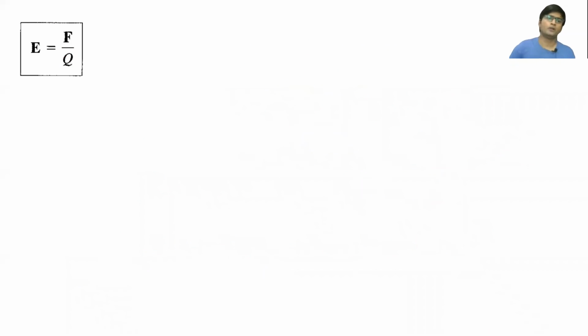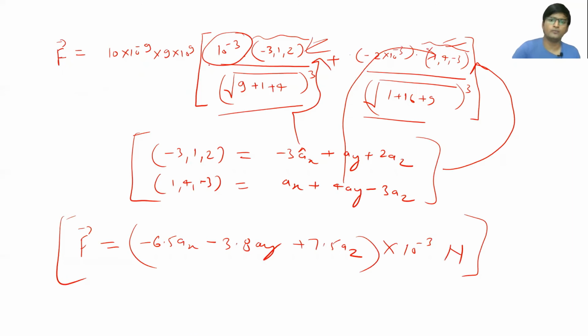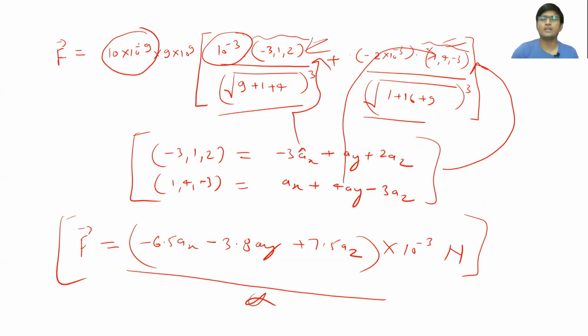Now let us calculate the value of electric field E at that point P where this charge Q was located. You know that electric field E is given by the ratio of force and the charge Q, and the direction of the electric field will be the same as the direction of force. So E is equal to F divided by Q, which will be equal to this thing divided by Q. And what was the value of Q? It was 10 nanocoulomb.